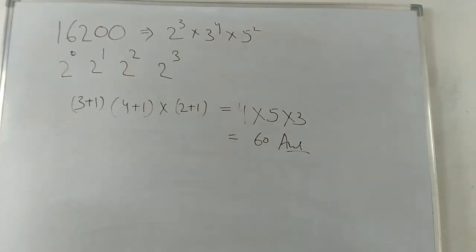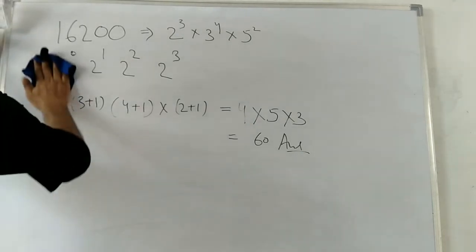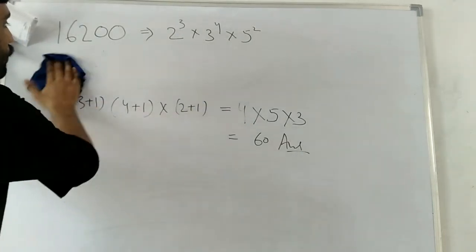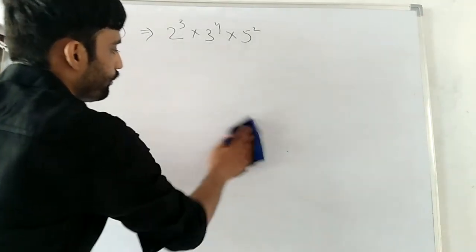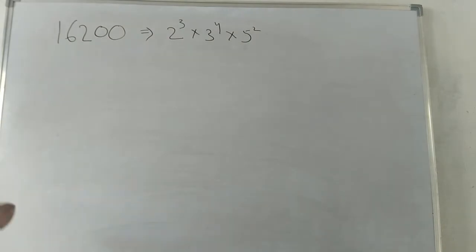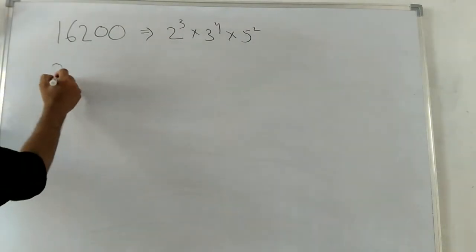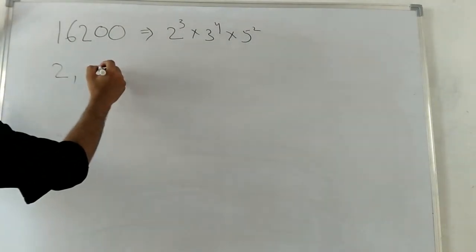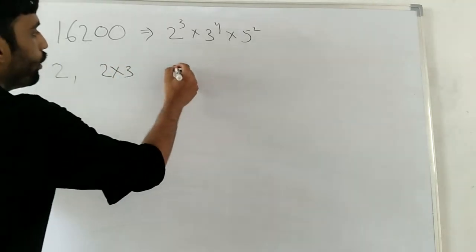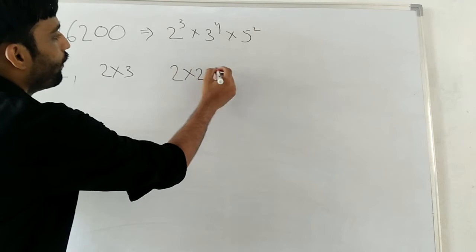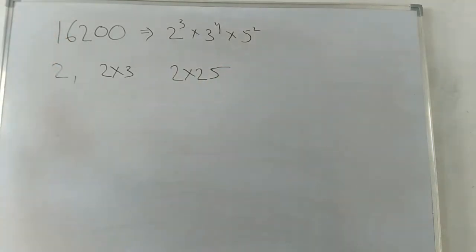And how can we find the sum of the divisors? For the sum of divisors, first of all we have to see the behavior of divisors. As I told you, 2 is a divisor and 2 into 3 is also a divisor and 2 into 25 is also a divisor.